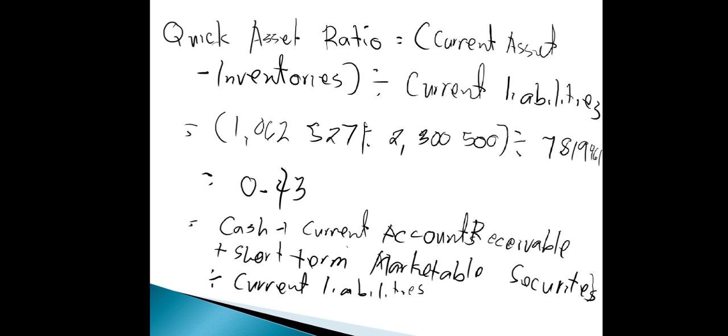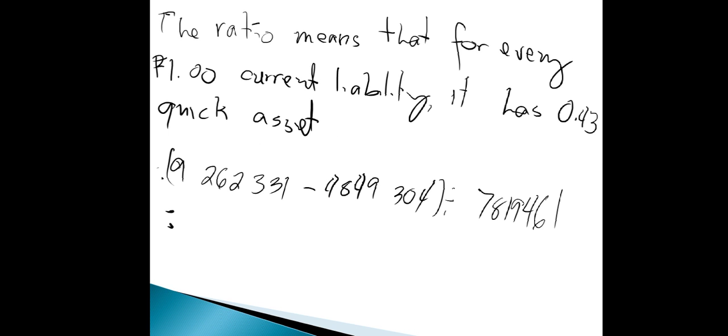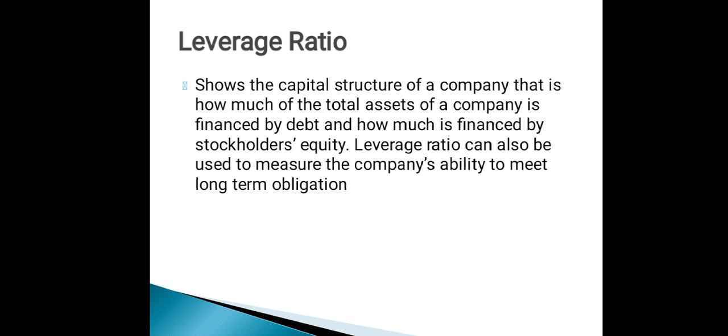So just add the cash and the trade receivable, then divide by the current liabilities. So what does it mean? The ratio means that for every 1 peso current liability, it has 0.43 quick asset. So they have already 43 centavos quick asset.